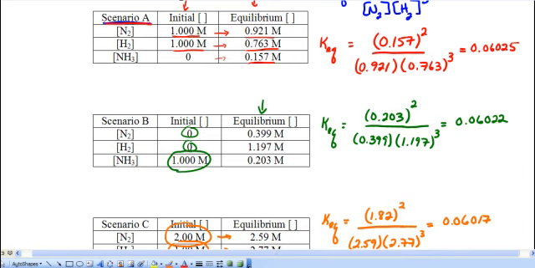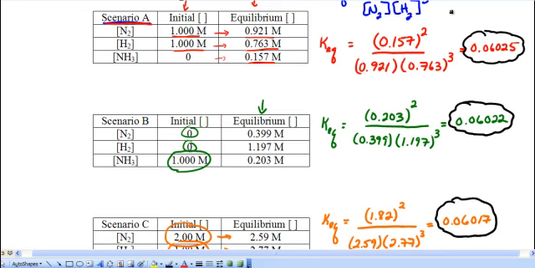The equilibrium will shift so that all the ratios are the same, meaning it doesn't matter if you start with only reactants, only products, or a mixture of both. The equilibrium will shift until the ratios satisfy the equilibrium constant.